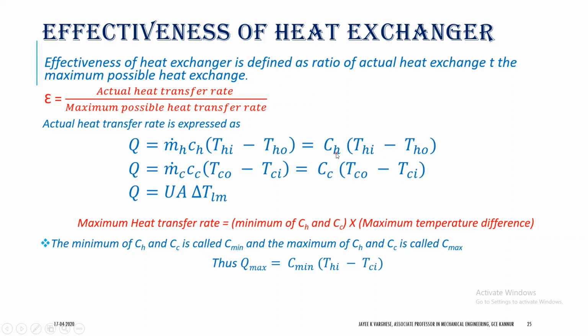If this is more and the product is to be equal, then the other should be lesser. That is, a fluid with a higher value of heat capacity rate will have a small temperature variation.